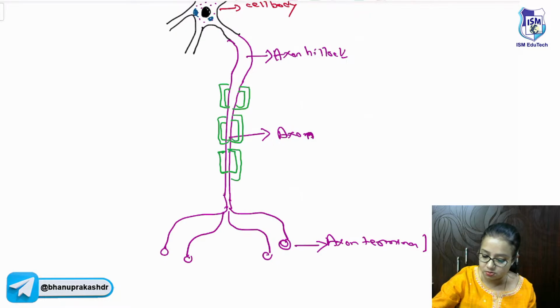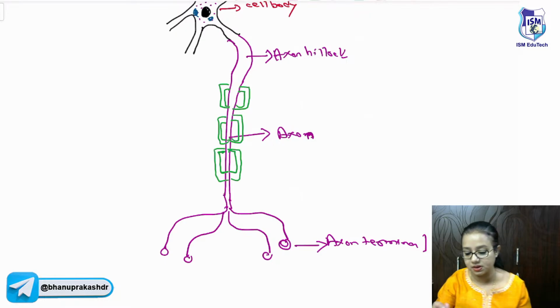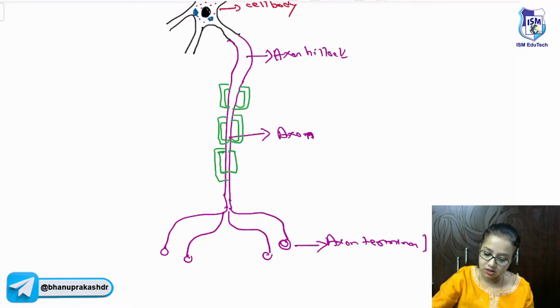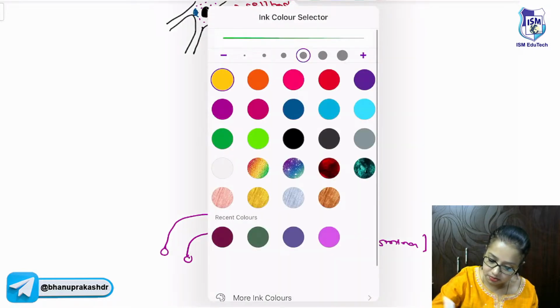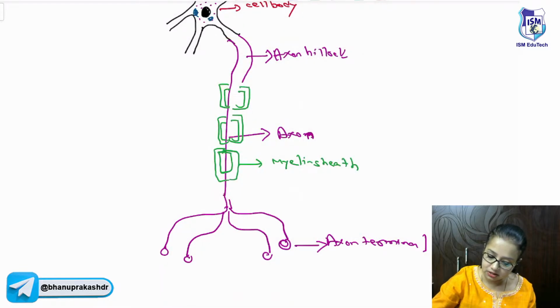There are cells both in the central nervous system and peripheral nervous system which form this covering sheath, the myelin sheath. The gaps between the myelin sheath are the nodes of Ranvier.